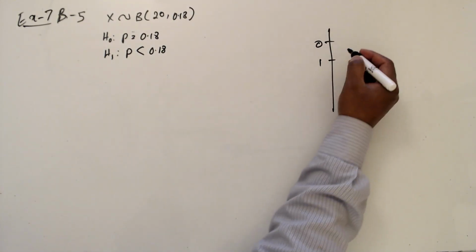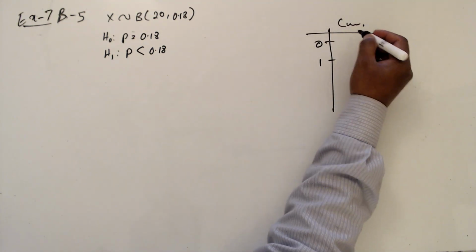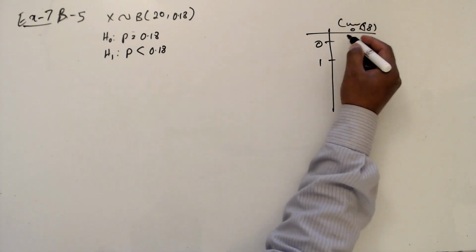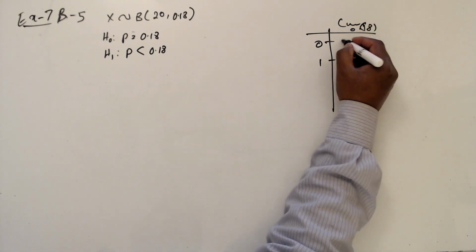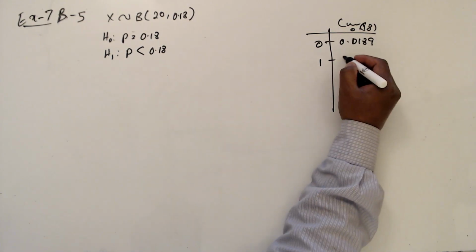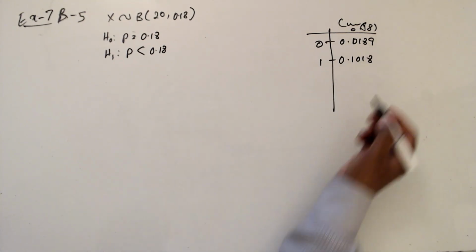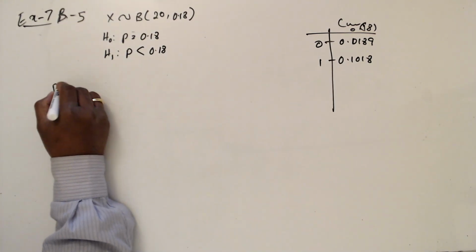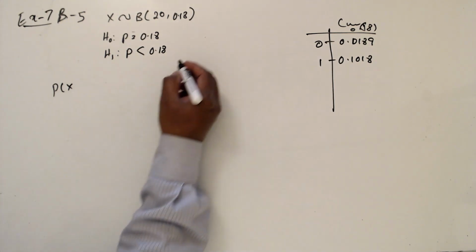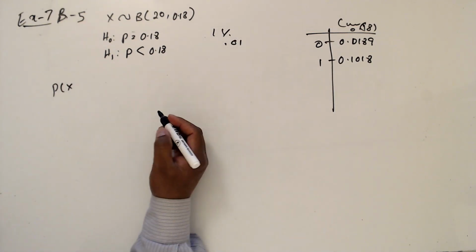For x = 0 and 1, the cumulative probabilities for 0.18 are 0.0189 and 0.1018. The significance level given in this one is 1%, 0.01.